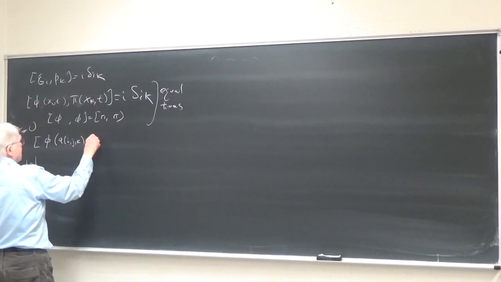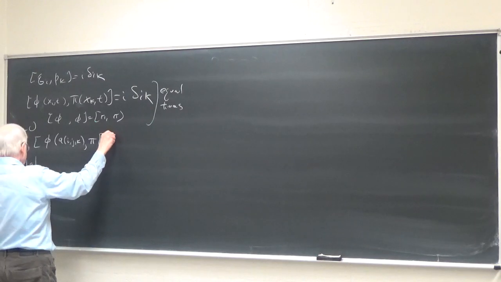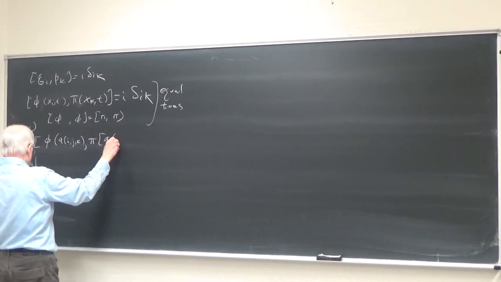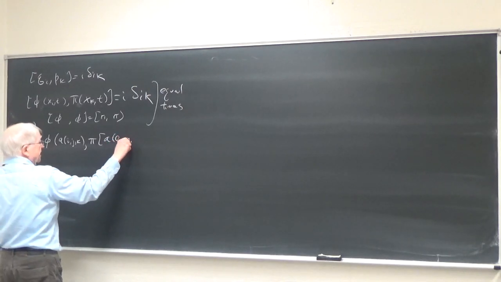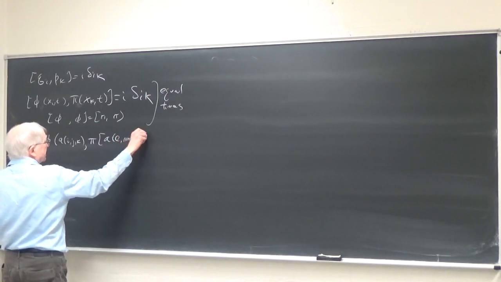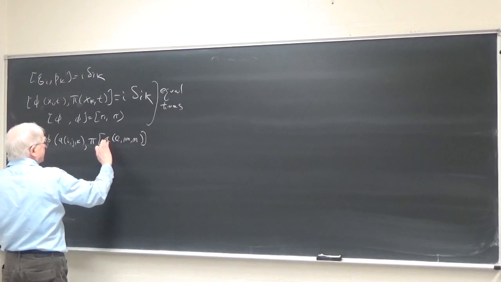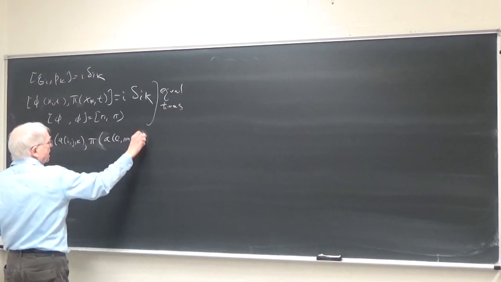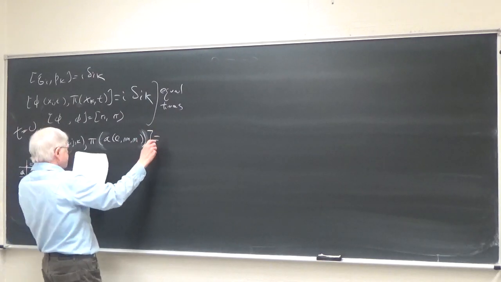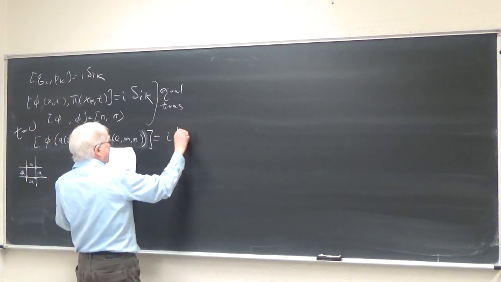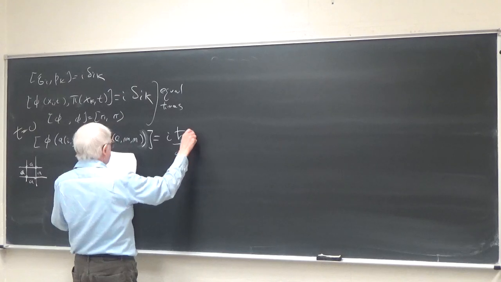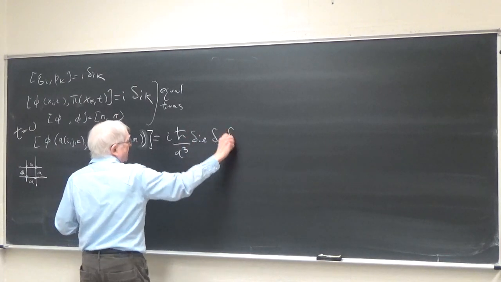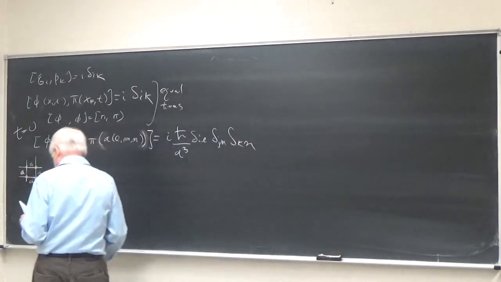And then we would say pi at A times LMN. So this would be i h bar over A cubed, delta IL, delta JM, delta KN.